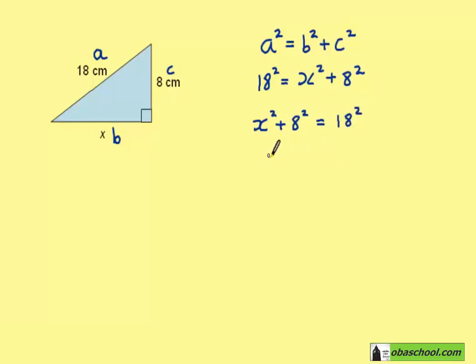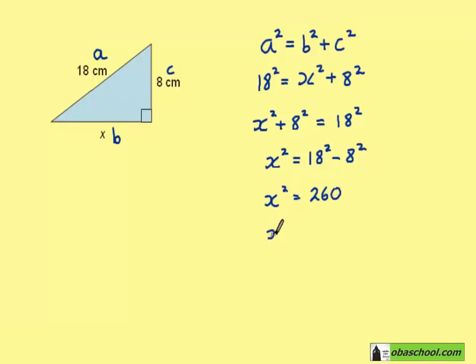Subtracting 8 squared from both sides gives us that x squared is 18 squared take away 8 squared, and calculating this we get x squared is equal to 260.